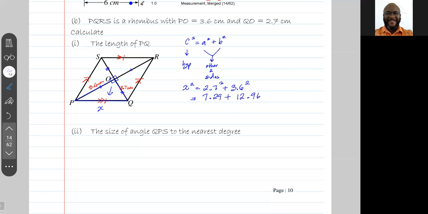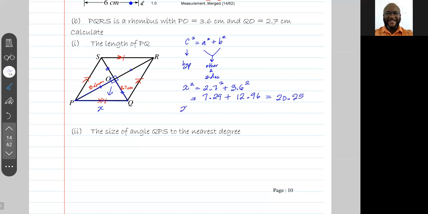And when you add these, you're going to get 20.25. The opposite of square is square root.